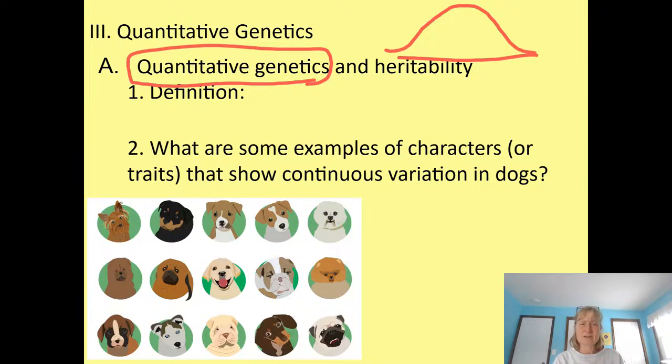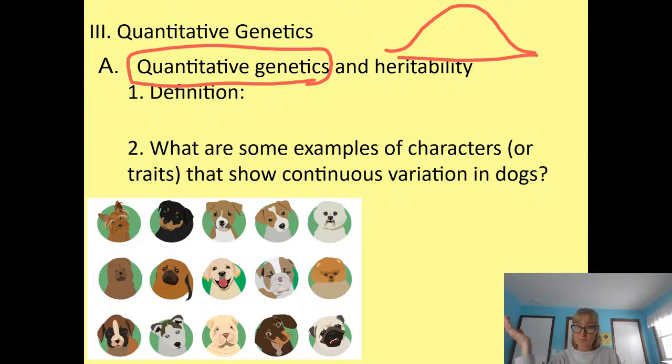What are some examples of characters or traits that show continuous variation in dogs? You can come up with a whole suite of them. Size, litter size, weight, length of the hair or type of hair, barking rate.